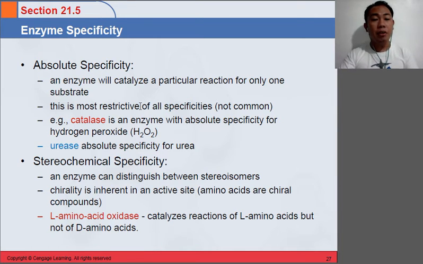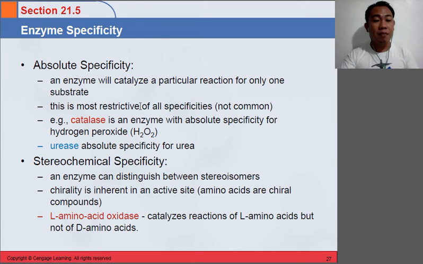Another is the stereochemical specificity. With stereochemical specificity, an enzyme can distinguish between stereoisomers, and it focuses on chirality. That is why chirality is inherent in an active site, where the amino acids are chiral compounds.